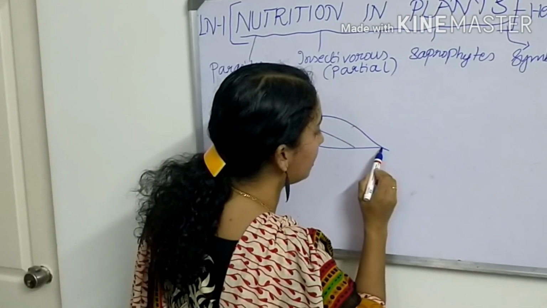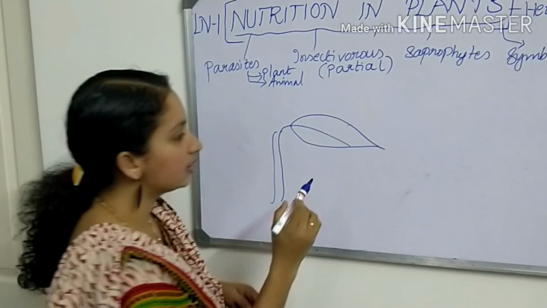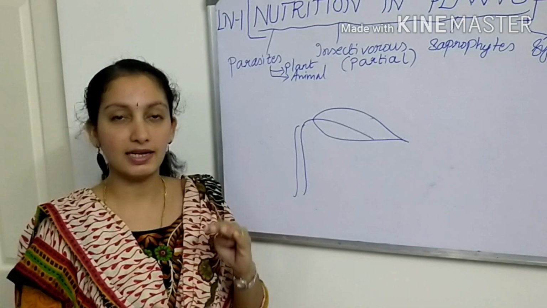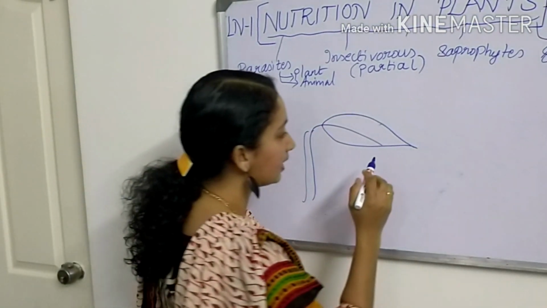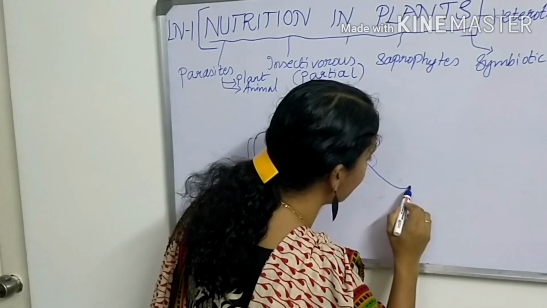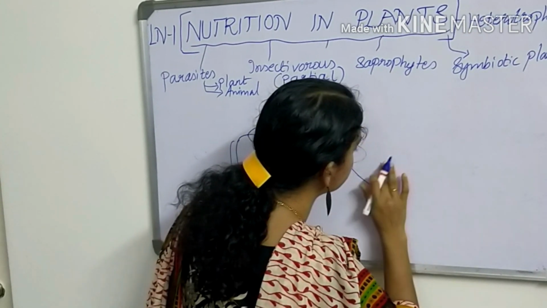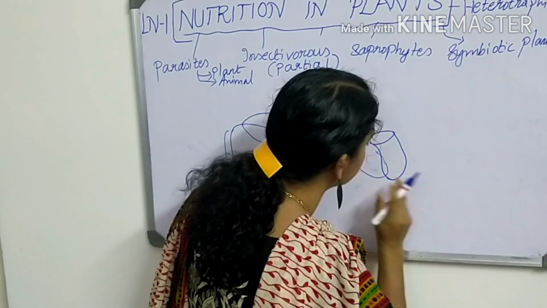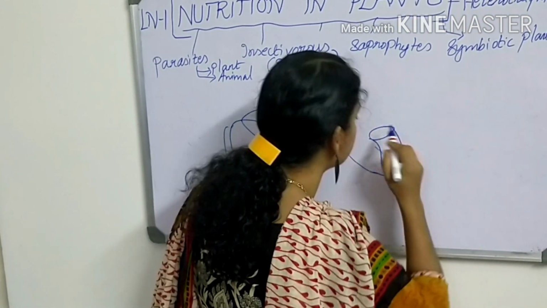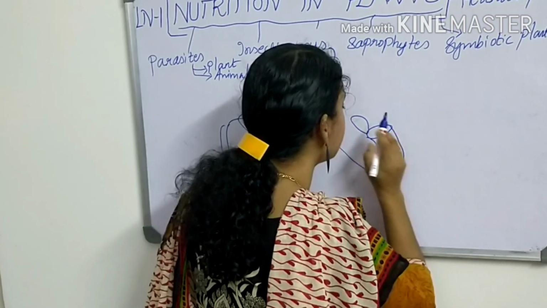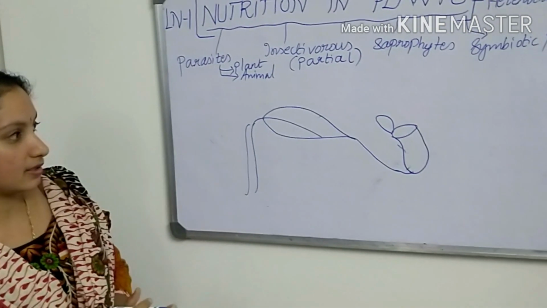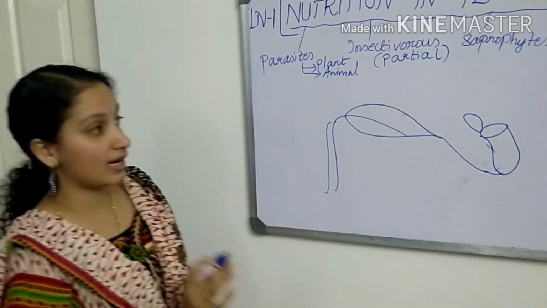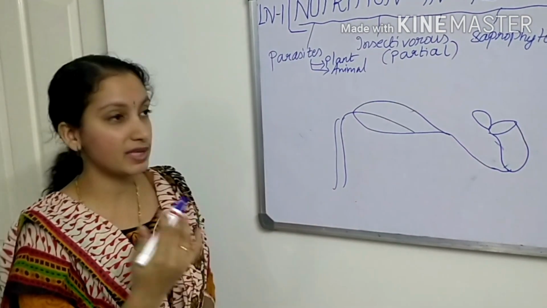The tip of the leaf or the top part of the leaf is modified and forms a jug-like structure like this. And there will be a lid to close this jug. So this is the leaf. There is some modification done by this plant to trap the insects.